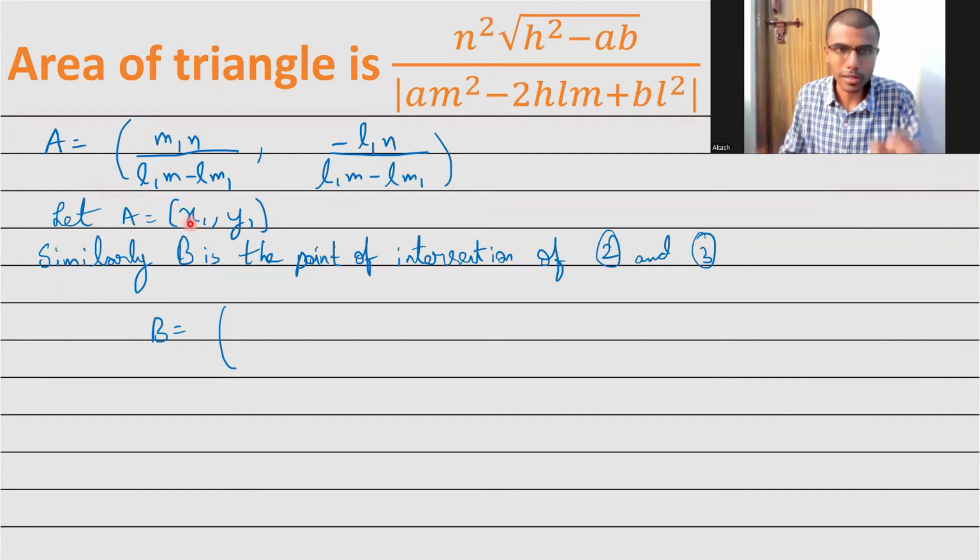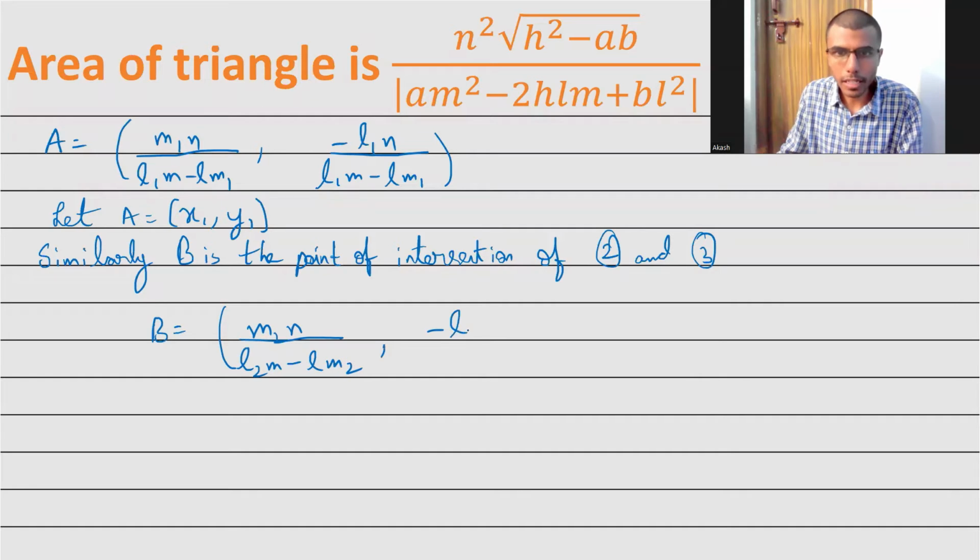That's it. You don't have to show the entire calculation again. So B is M2N divided by L2M minus LM2, comma, minus L2N divided by L2M minus LM2.